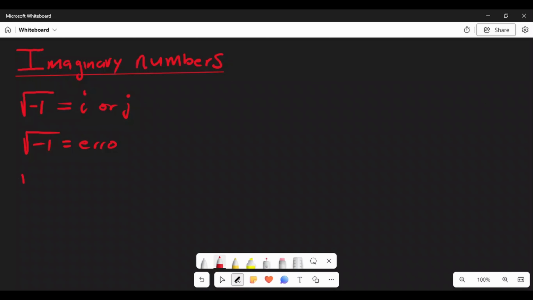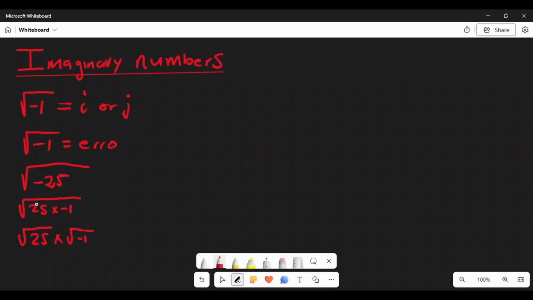Look, you can be given a problem like this. You can be given negative 25 under the square root. You know that when we have a negative number under the square root, it's already an imaginary number. So when you do your calculations, this is how you do it. You multiply this 25 with negative 1, so that you can also do it this way: square root of 25 multiplied by the square root of negative 1, right?